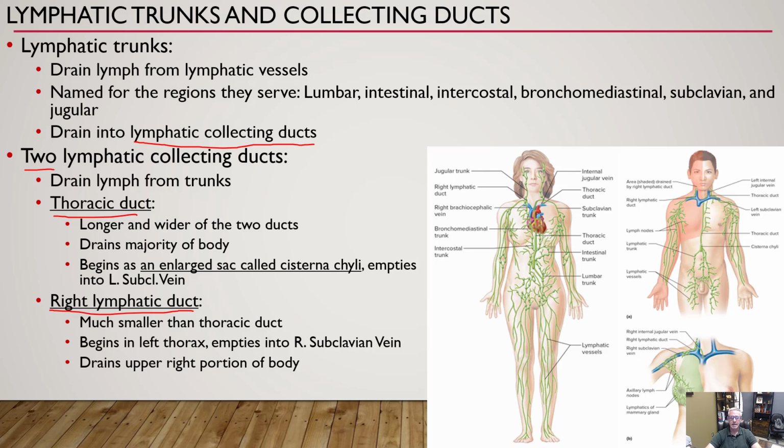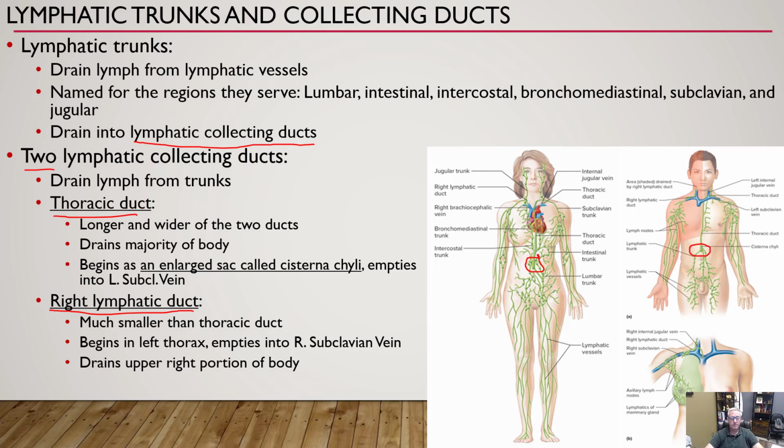It begins at the cisterna chyli, people pronounce it different ways, and it's going to empty into your left subclavian vein. It's just a large sac at the end of the thoracic duct. You can see it right here. That's your cisterna chyli, or chili, I've heard it pronounced different ways.